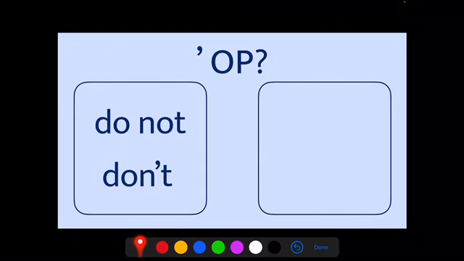So we have no space between the words, and the apostrophe goes where we omitted the letter O in not, to say don't.